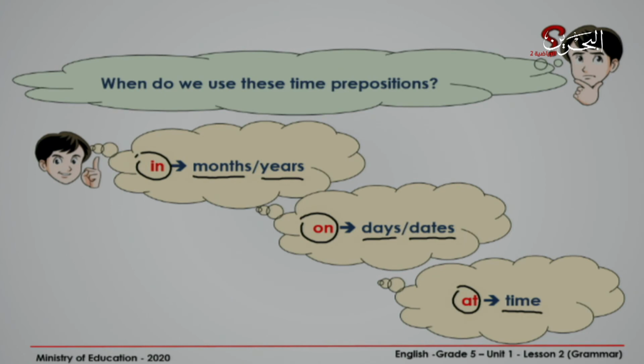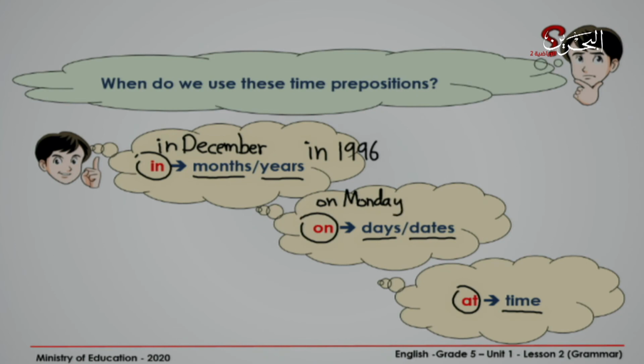Let's look at some examples. What I mean here, for months you can say December. You say in December. For years you can say in 1996. And for on, for the days you can say on Monday.